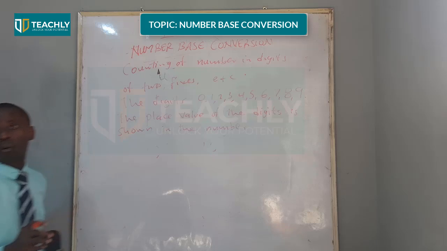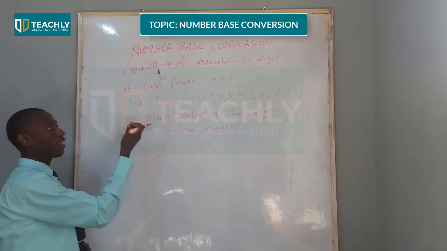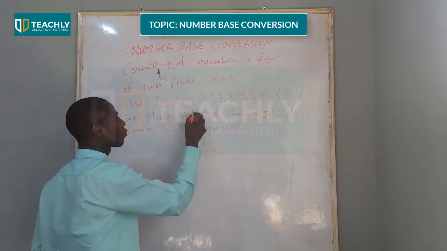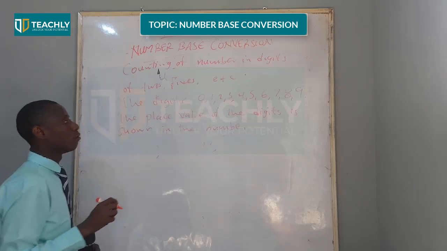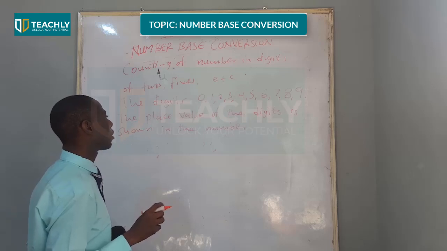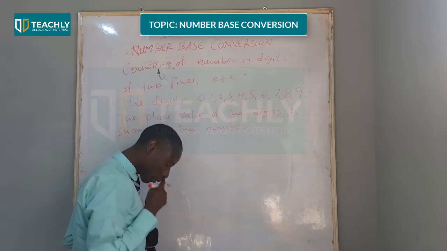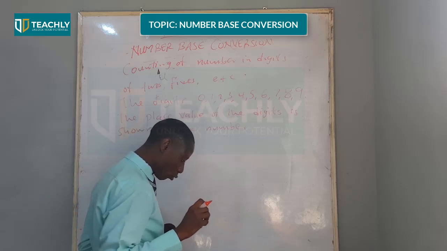So what we are saying here is when we are counting the number, the place value of the digit shows the value of the number. The place value of digits is shown in the number.